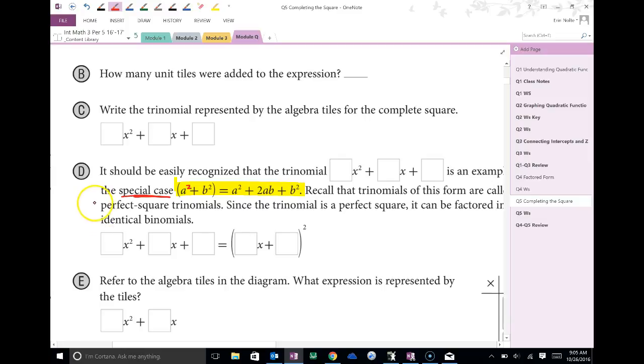In case you were wondering what that's called, it's called a perfect square trinomial. If you hear me reference that, that's where it's coming from.